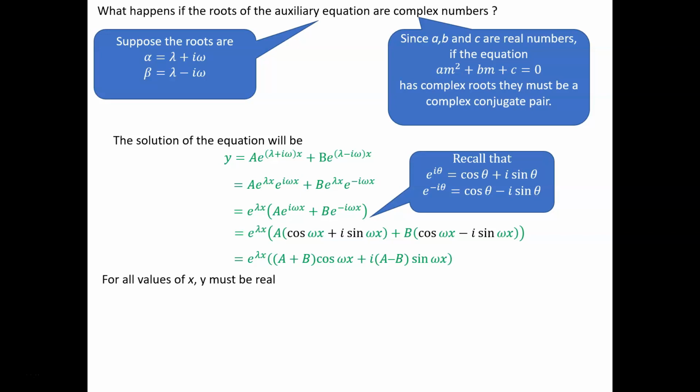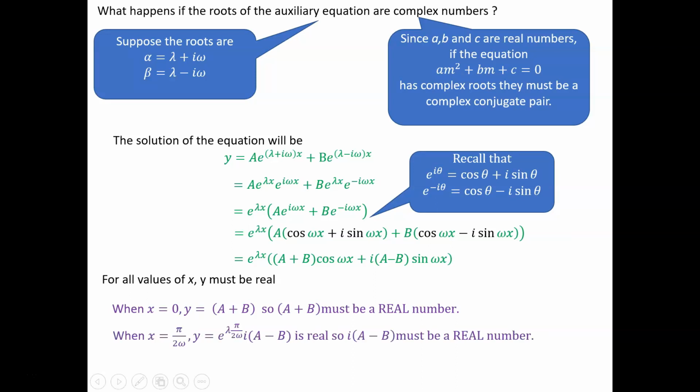Now, for all values of x, our solution to the differential equation, y, must be a real number. And that tells me that if I put x equals 0, then y is just going to be equal to A plus B. So we certainly know that A plus B must be a real number.